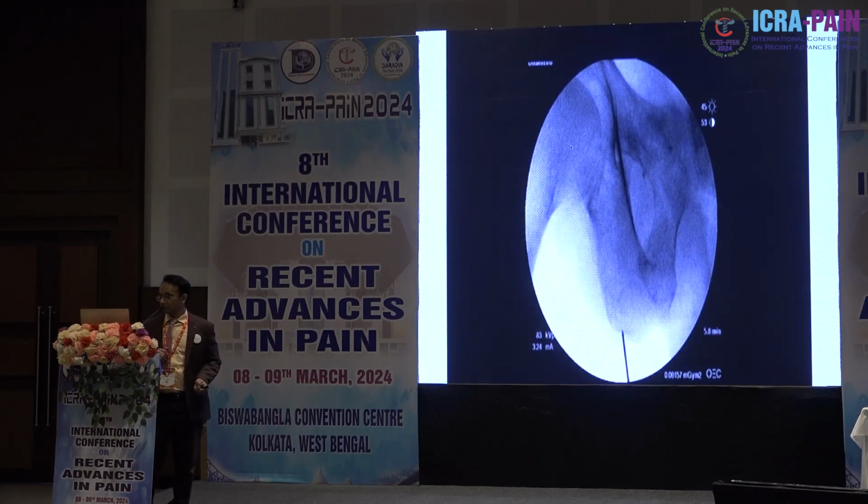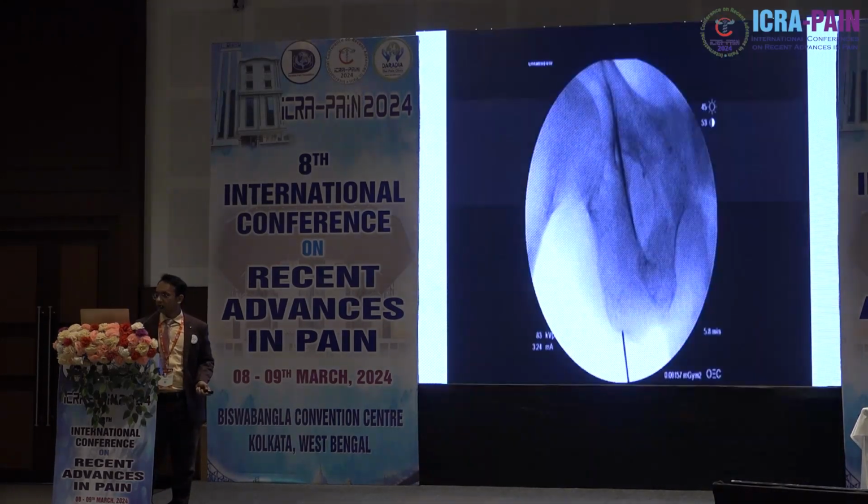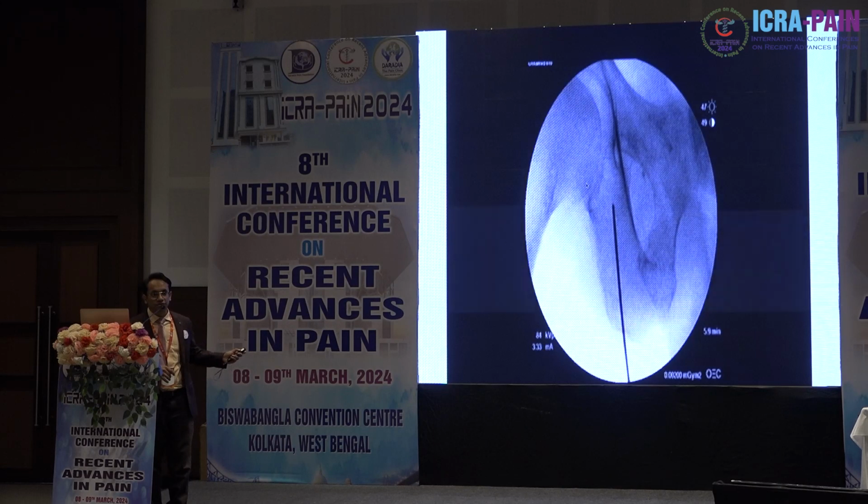One thing we have to always keep in mind is that here we are starting from below. As you are seeing, the needle is going up. It is going to go up till over here. So this was the video playing. What we have to keep in mind is that whenever you are doing the procedure here, you have to be very careful because you are going to encounter the vasculature.